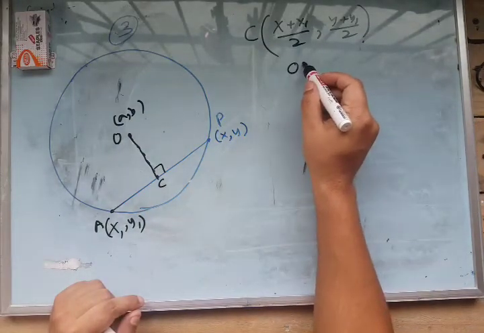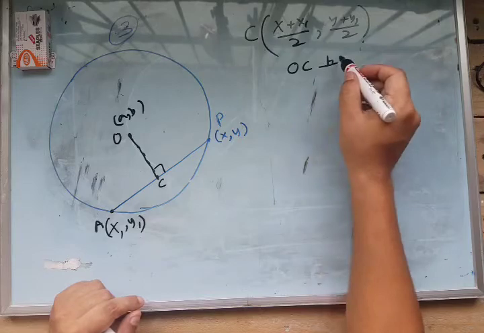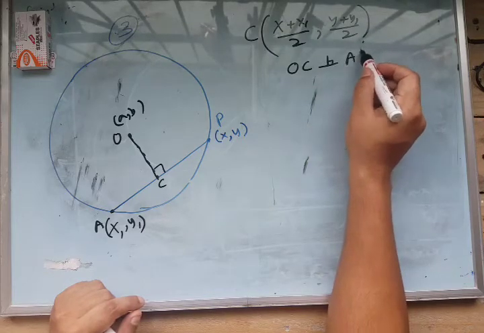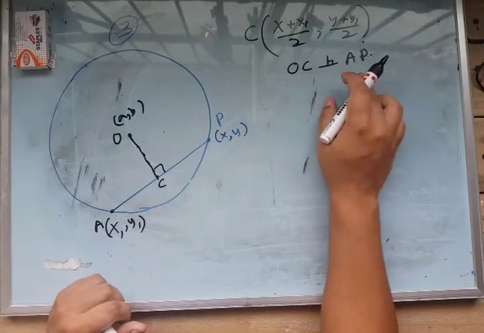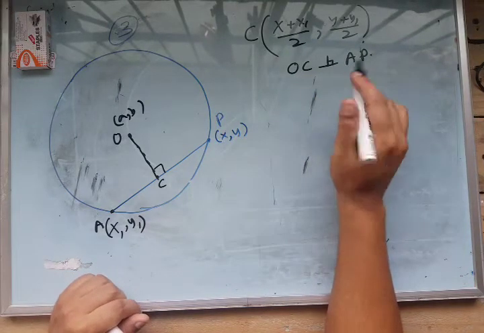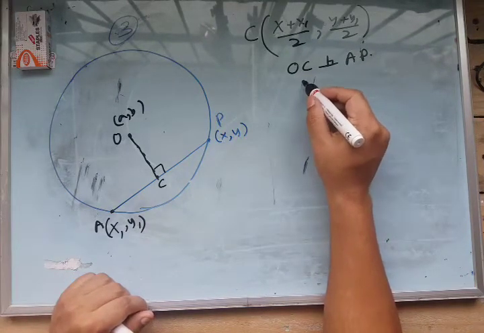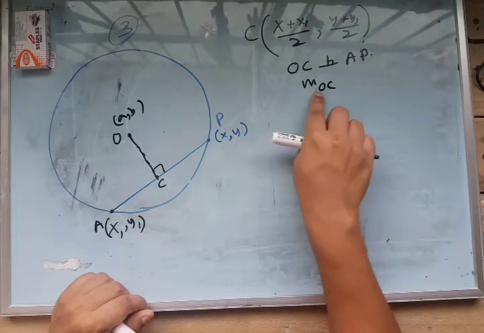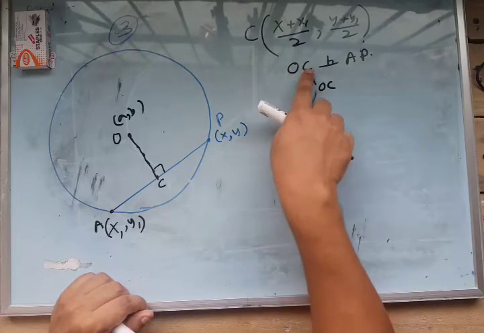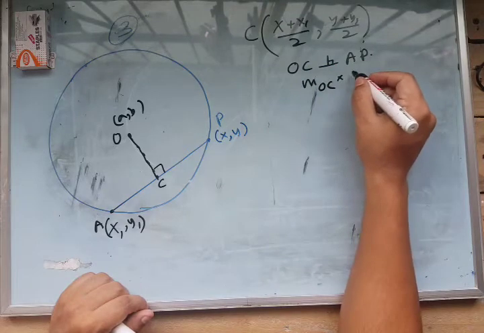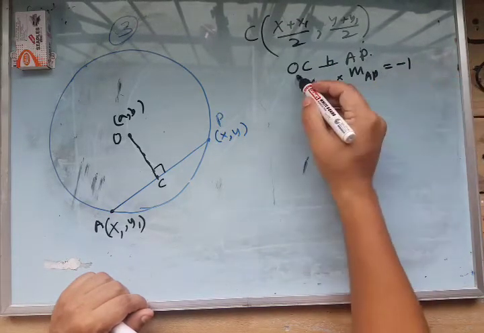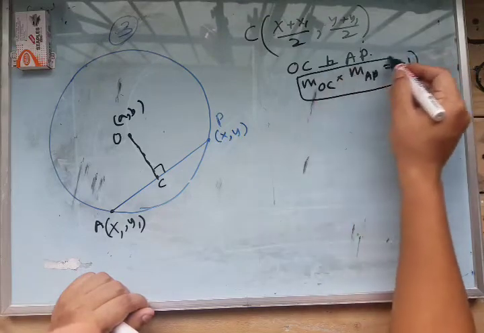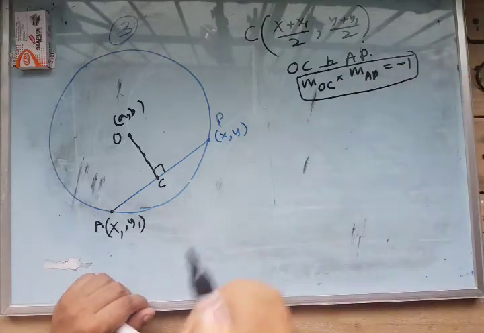We can use the fact that OC is perpendicular to AP. When these two lines are perpendicular to each other, you know that the product of the gradients, M_OC multiplied by M_AP, is equal to -1.